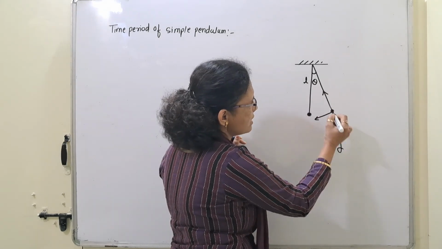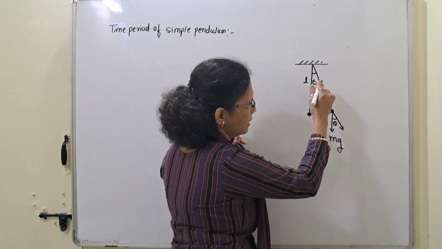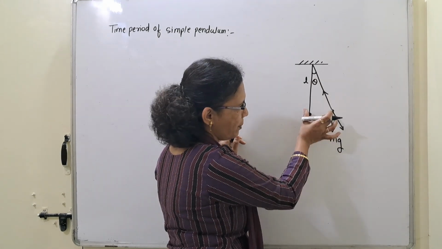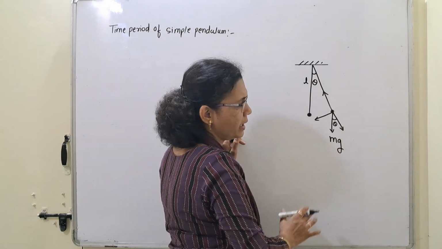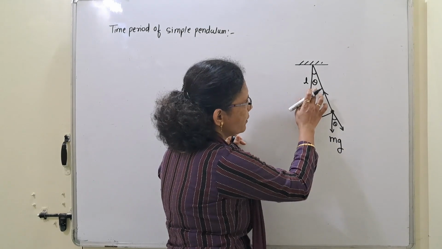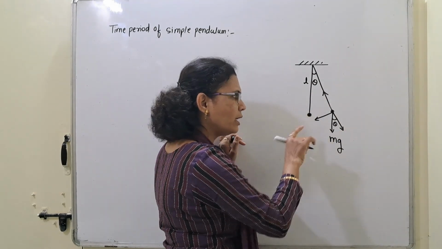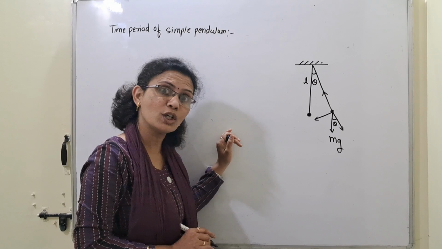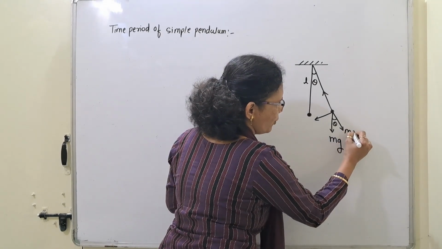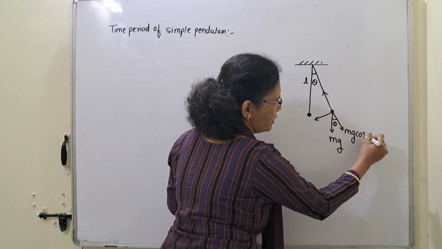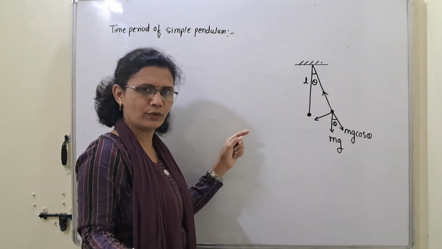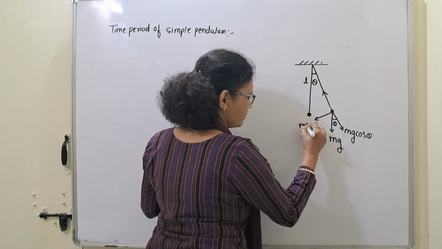Now if this angle is theta, this angle will also be theta, because these 2 are parallel, so they are corresponding angles. So the component near theta will be mg cos theta, and this component will be mg sin theta.